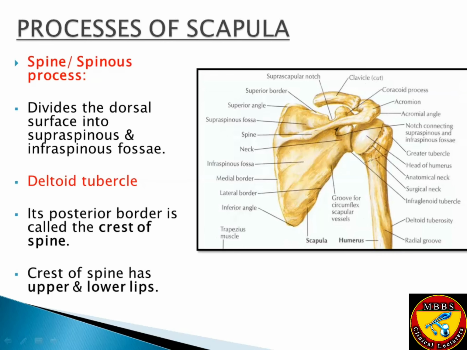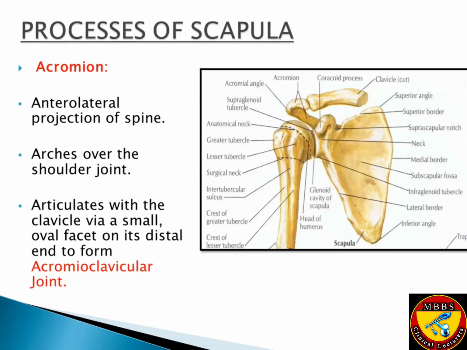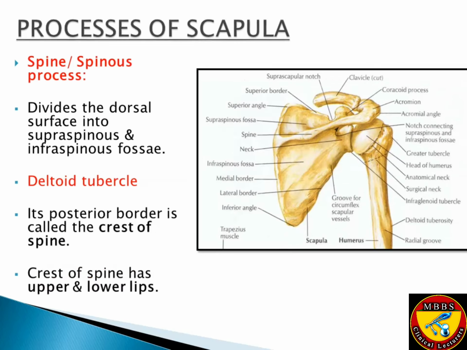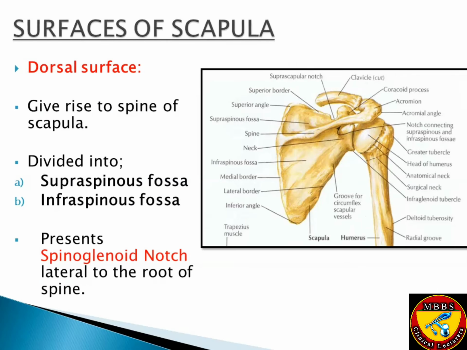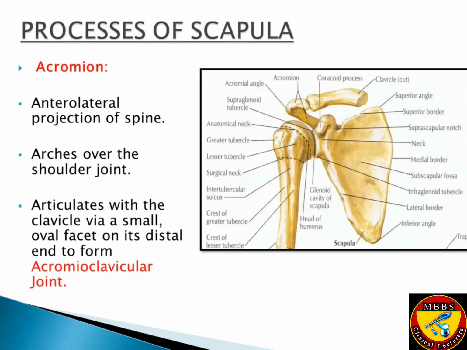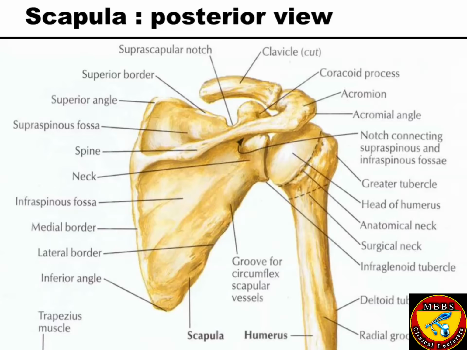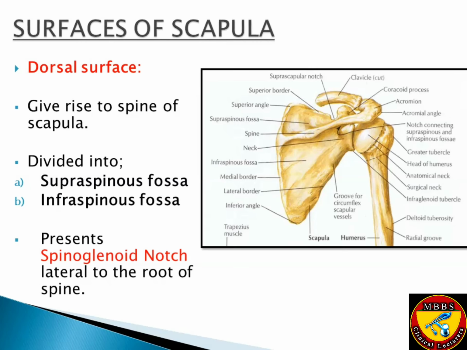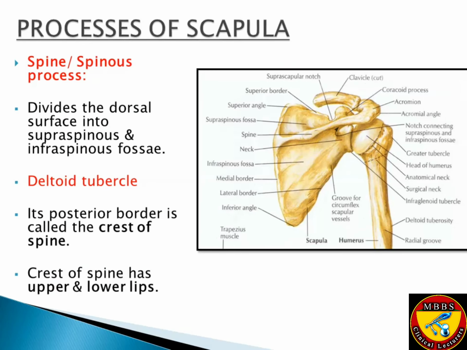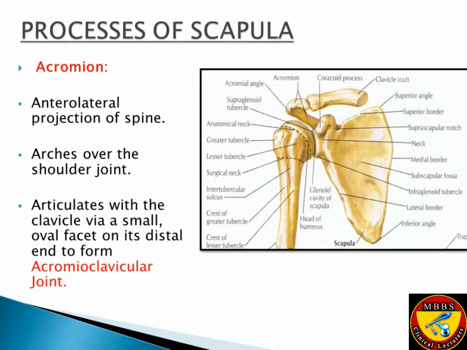attachment to different muscles. The second process which is present in the scapula is called as the acromion process. Now this acromion process is actually the anterolateral projection of the spine.